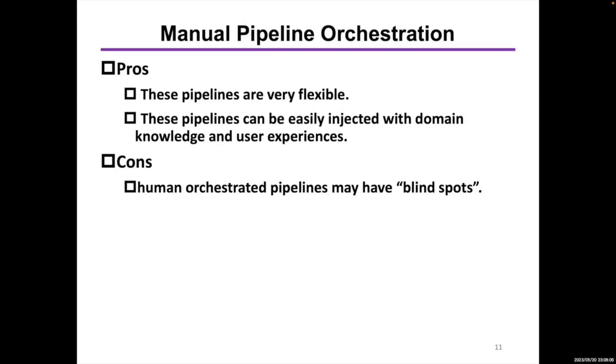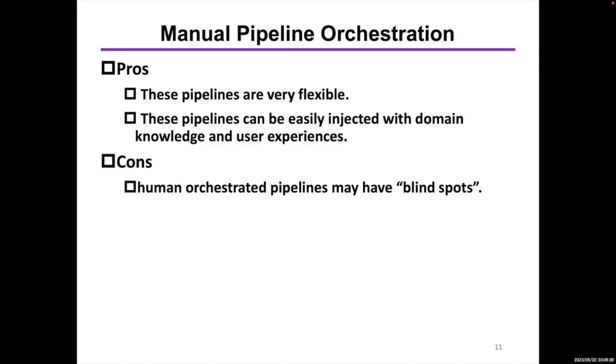We can see that manual pipelines are very flexible and can be easily injected with domain knowledge and user experience. However, the disadvantage of manual pipeline orchestration is that the pipelines may have blind spots. That means data scientists may not be aware of complex but useful operators, such as polynomial features provided by sklearn.